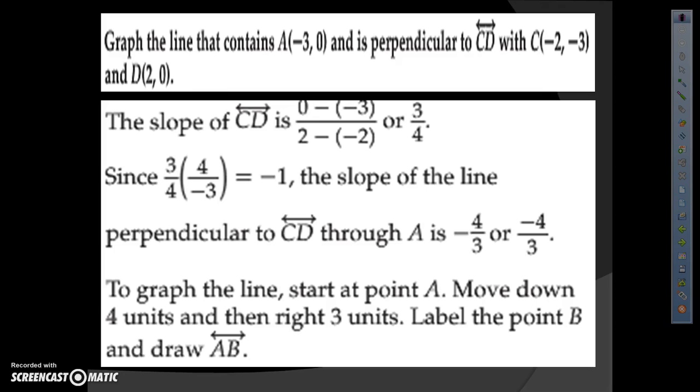So before you read all the stuff below on the bottom part of this slide, let's first just go and graph the information that they gave us and think about what the question is asking me to do so I can then determine where I need to start.